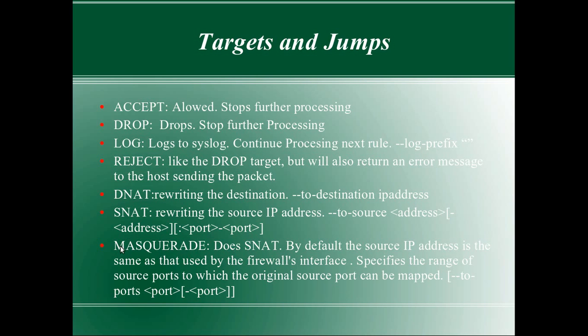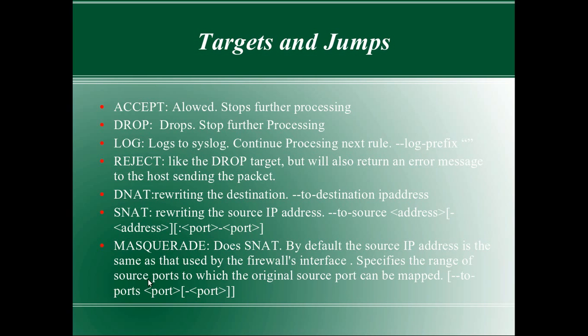Masquerade means that it is going to mask itself and make use of the default public IP address of your firewall when going out. So it does source network address translation. By default, the source IP address is the same used by the firewall interface.